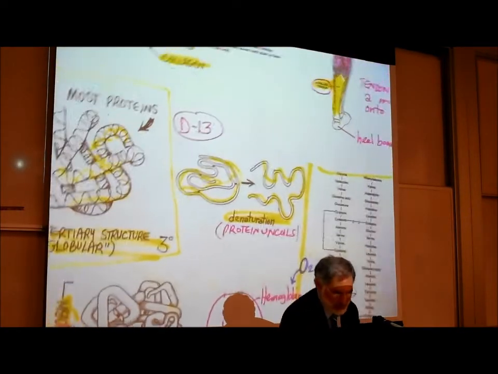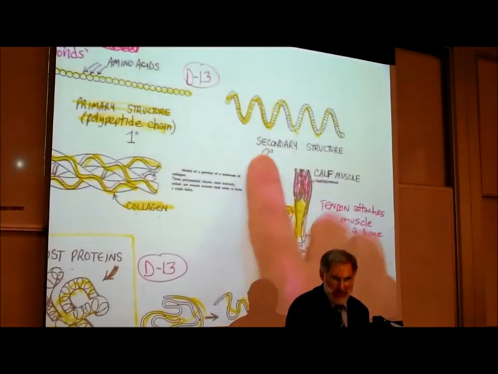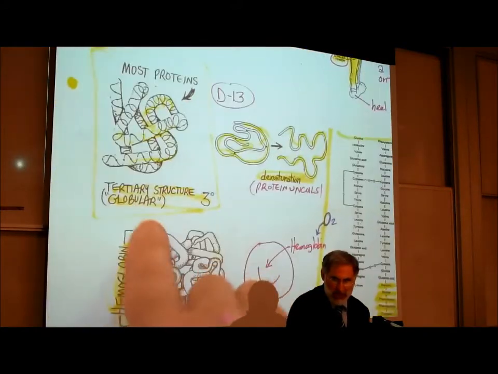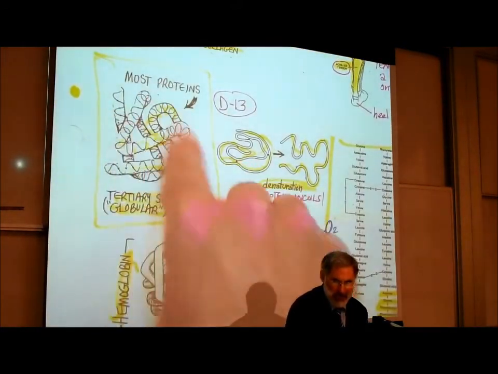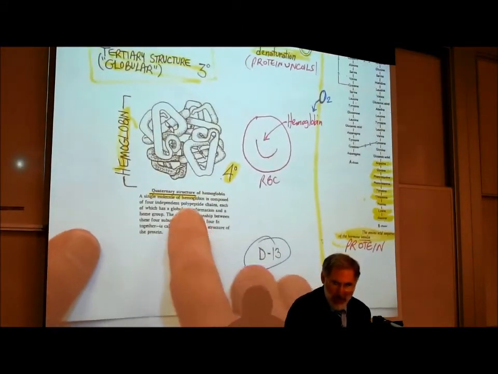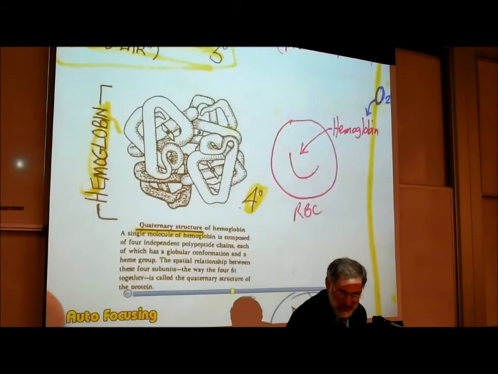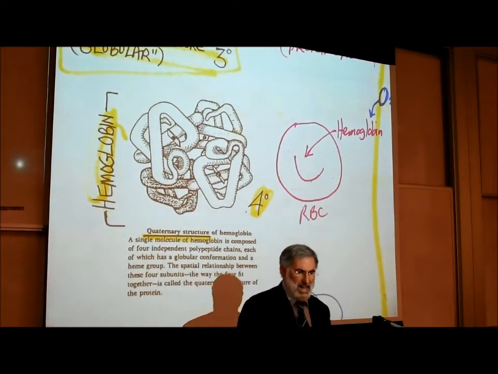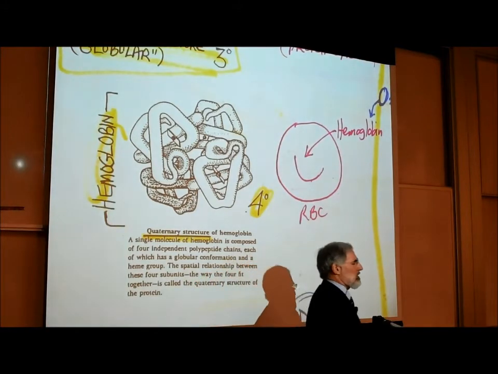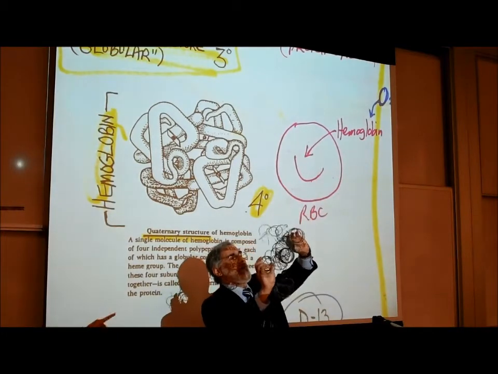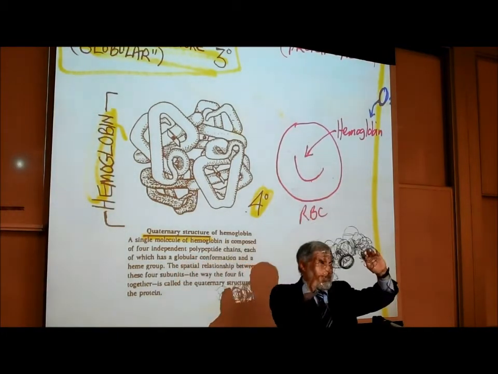D13. On page D13, remember, we've talked about secondary structure proteins. We've talked about tertiary or globular proteins that look like a slinky. And now we want to talk about, at the bottom left, quaternary structure proteins. And an example of that is the protein hemoglobin. Now, the definition of a quaternary structure protein is that it's actually made up of 2 or more of these globular proteins twisted together.